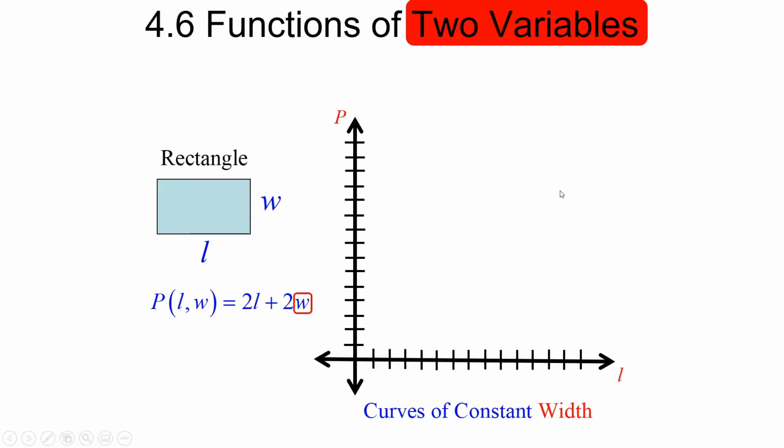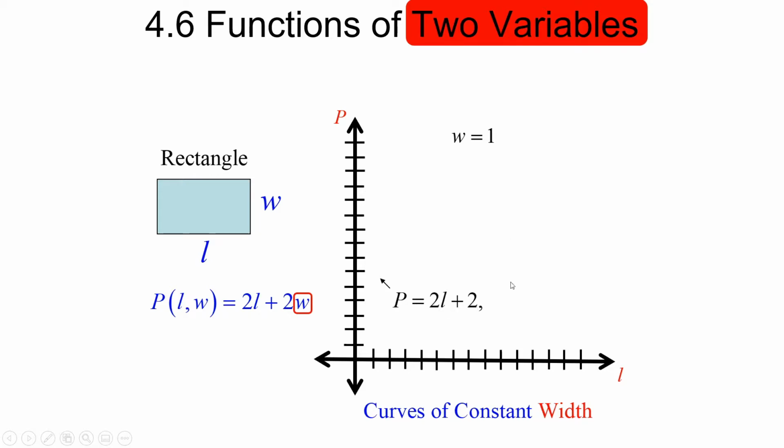Let's pick a very simple width of that rectangle. Could I just say the width is 1? And if this width right here was a 1, wouldn't I just have the perimeter is 2 times L plus 2 times 1, or perimeter is 2L plus 2?